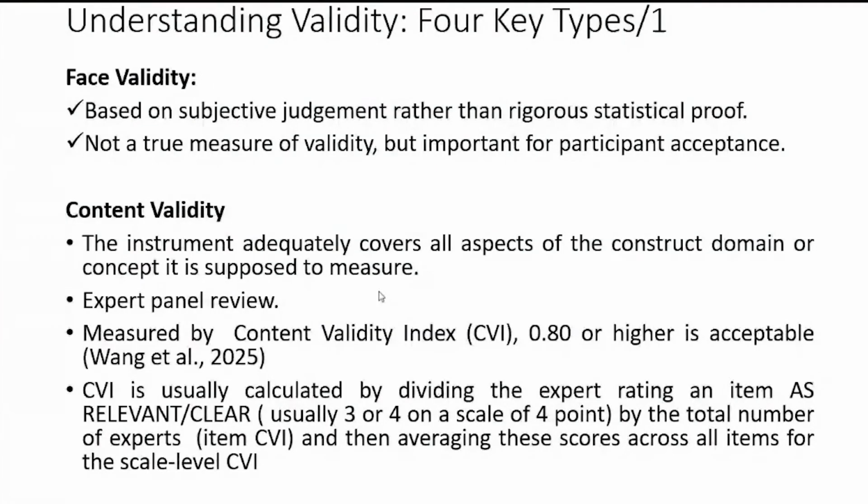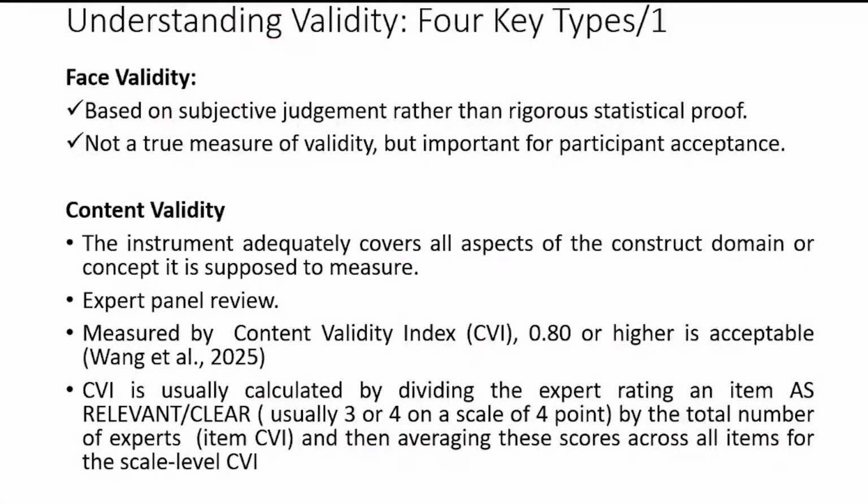So maybe I can rate an instrument 2, 3. The items, that is the content within the instrument, you can rate them one after the other on that scale. So that, by the total number of the experts, is the item's content validity index.